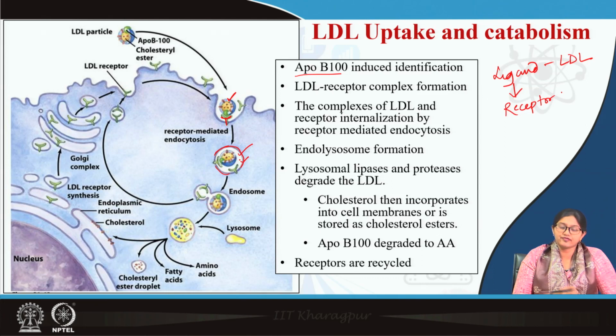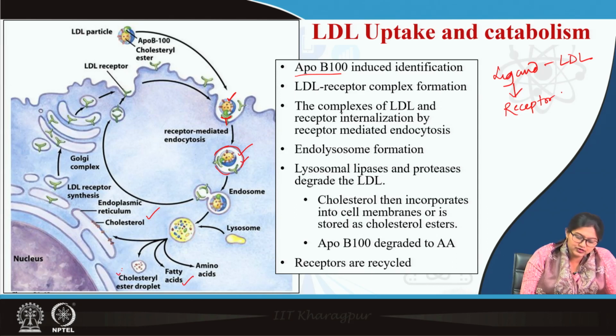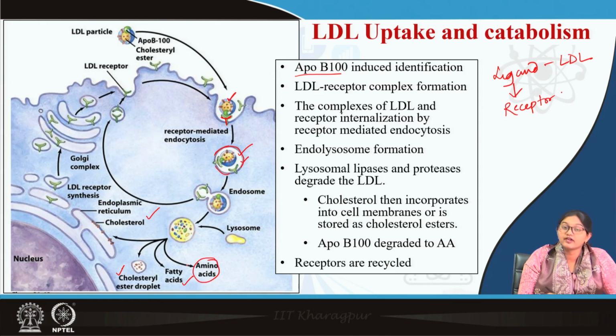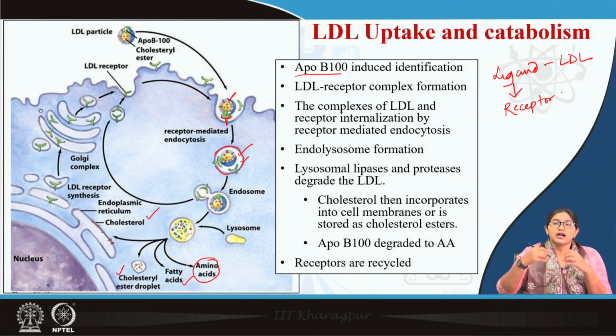You can see there is release of cholesterol as well as fatty acid, and also the cholesterol esters can be stored inside cholesterol ester droplets. Now, the apoprotein part is also hydrolyzed to different amino acids and released in cytosol, and it is basically contributing to the amino acid pool of the cell, which is further reutilized for other protein synthesis.